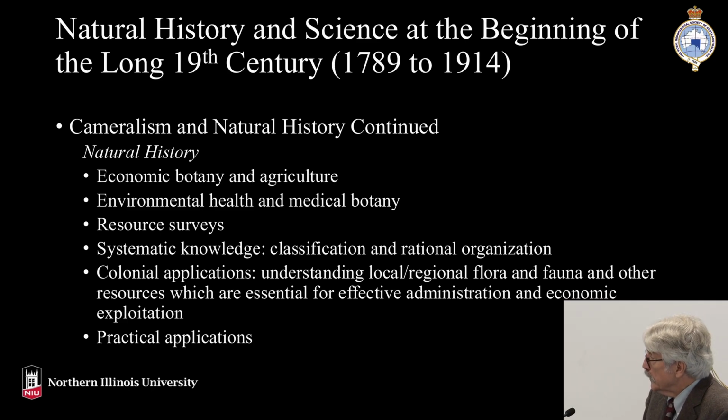So again, we have classifications, very important to natural historians. Again, it's rational. What colonial applications do we have? Do we understand local and regional flora and fauna and other resources, which are essential for effective administration and economic exploitation? That is, there are very practical applications to this. It's not just somebody who likes to collect butterflies or plants, which might be a little different from today when people are involved in natural history.